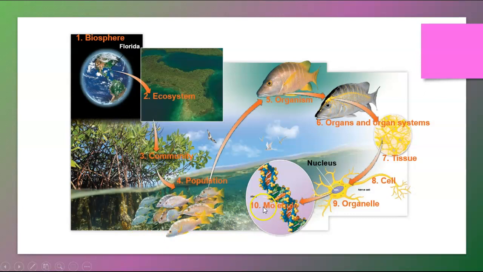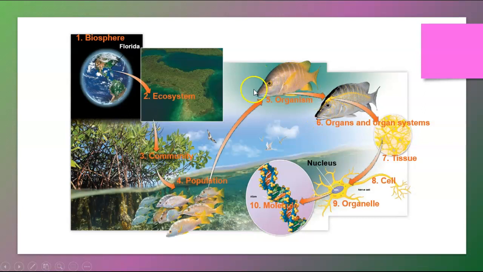As we move from a simpler level to a more complex one, there are properties that are exhibited there that you don't have unless you have the whole organism. The tissue has all the same kind of cells, but they can work together to do a more important job. And multiple tissues can make up organs that can perform even more jobs inside the organism.